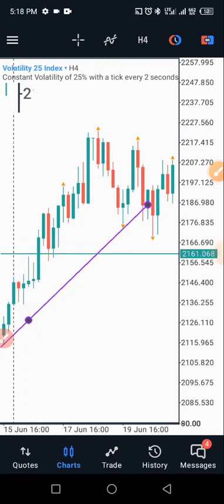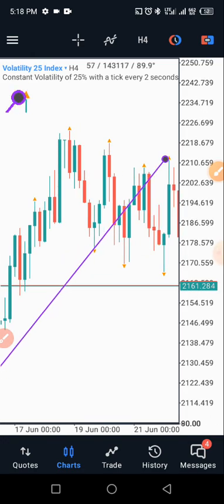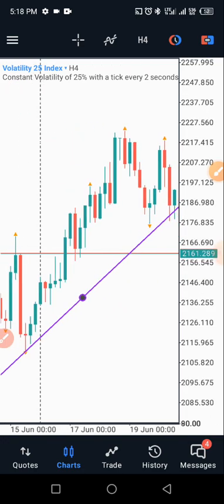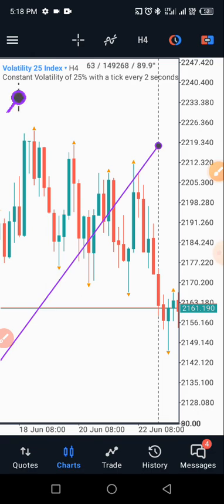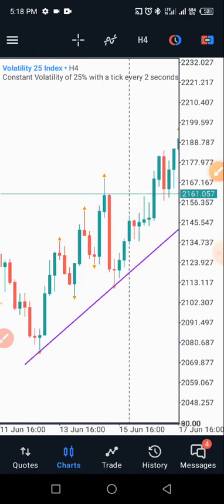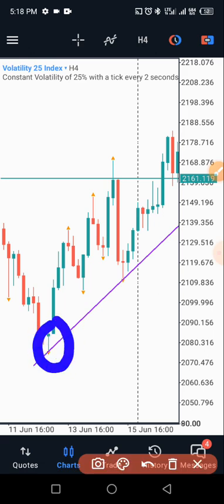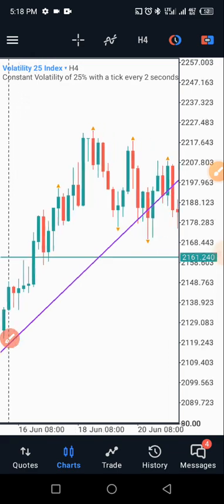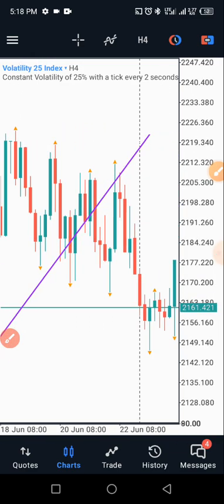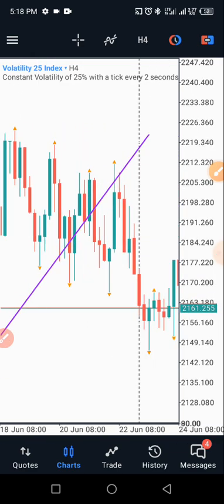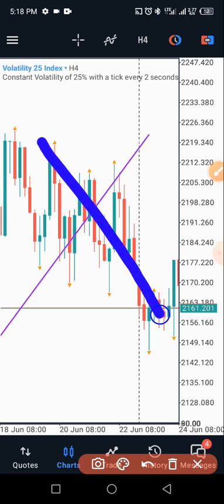So we can draw our trend line here and then wait for the market to come back to that level. Then we saw that after the first touch here and the second touch here, we might not be able to know when exactly to enter this market, because we finally saw that the market broke out of this trend line.